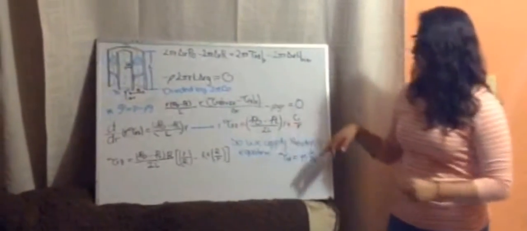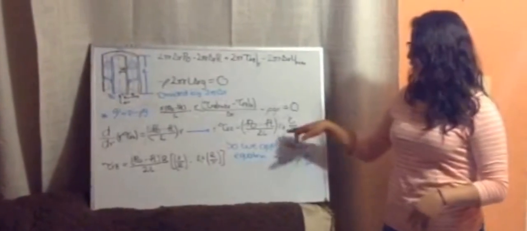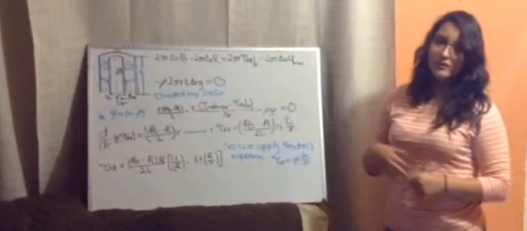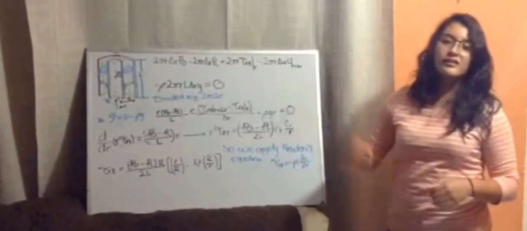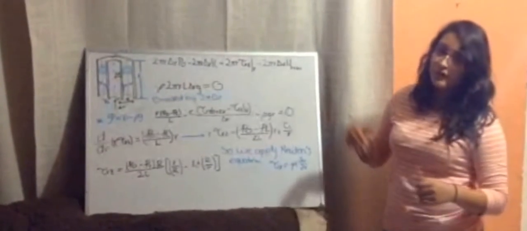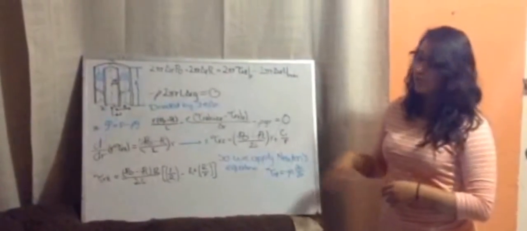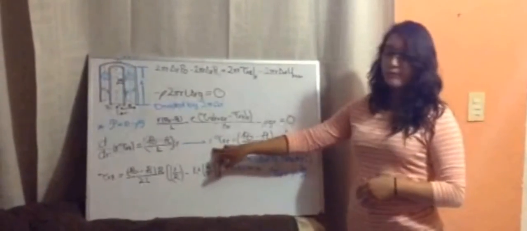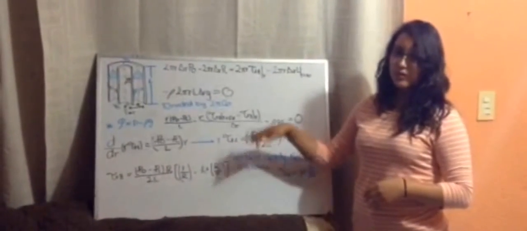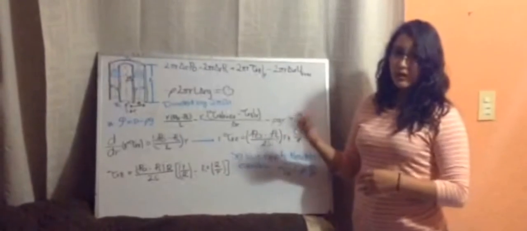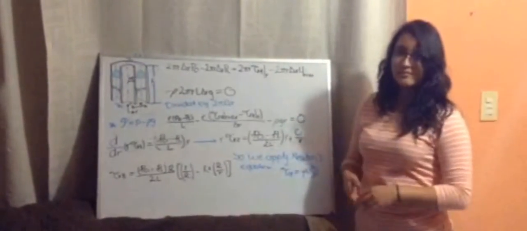From this expression we're going to integrate, and we have this expression. r times the stress is equal to the difference between P0 minus PL divided by 2L times r squared plus C1 divided by r. We solve this for C1 by taking r times the stress equal to 0 at the boundary, so we can take this easily.